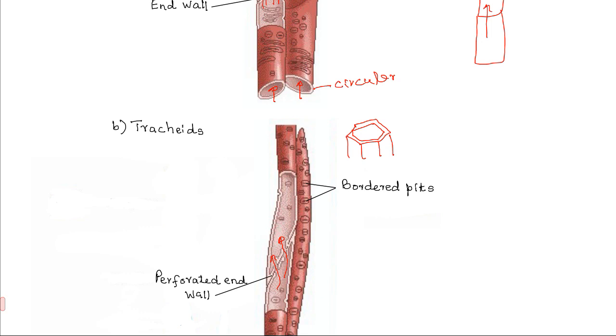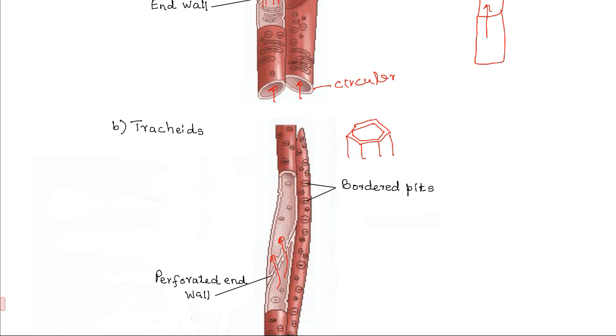So in relative terms, the efficiency of the movement of water in the vessels is much higher compared to that of the tracheids, because in the tracheids there are end walls which are perforated, but in the vessels the end walls are completely broken down to allow for the free passage of water and mineral salts. Now, the vessels also are cylindrical.